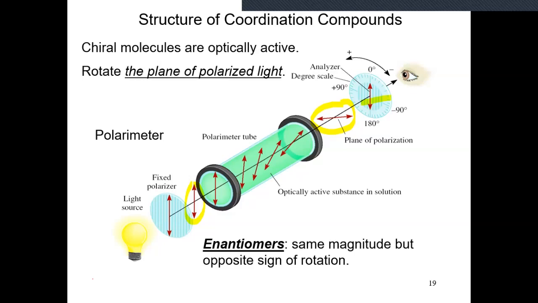Now, where it becomes interesting is when you get into their chemistry, because many enzymes, in other words, the catalysts that are used for many of the metabolic chemical reactions, are also optically active. In other words, they will recognize one optical isomer, but not the other one. And that is very interesting.